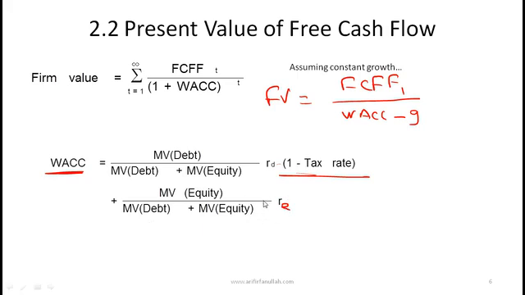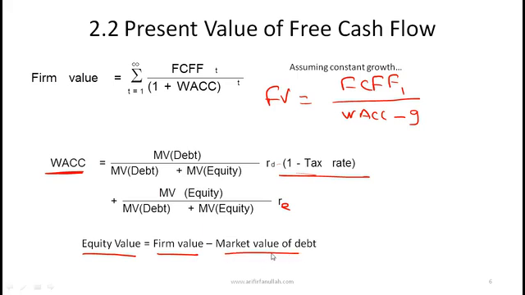So this is a quick refresher on WACC, which I'm sure you remember. Okay, and then from the firm value, as we discussed, if you want to calculate the equity value, that's simply the firm value minus the market value of debt.